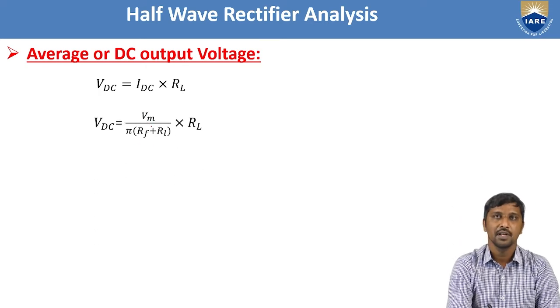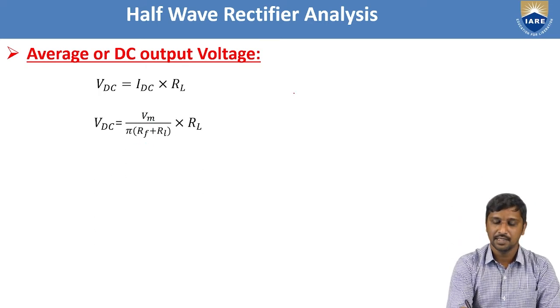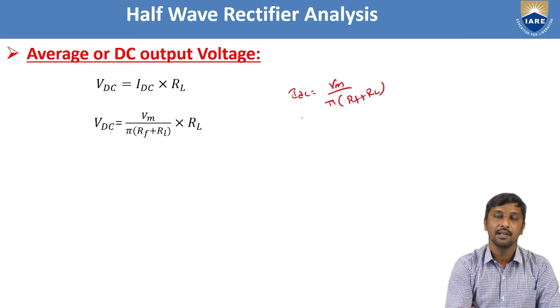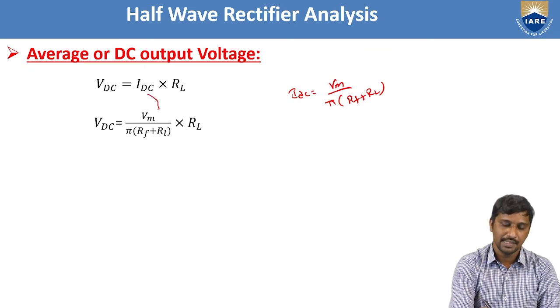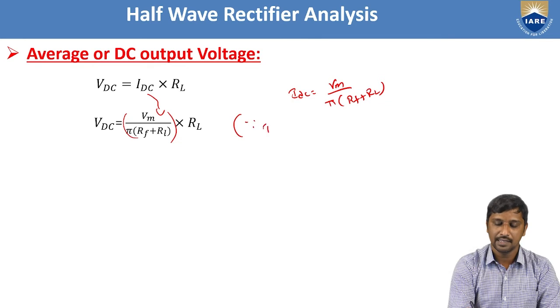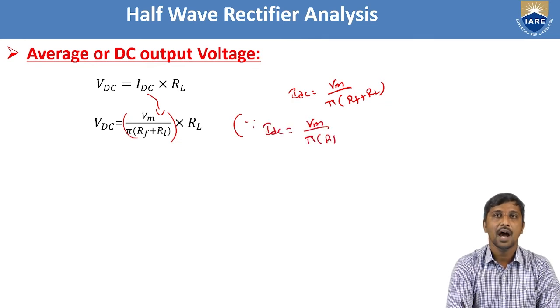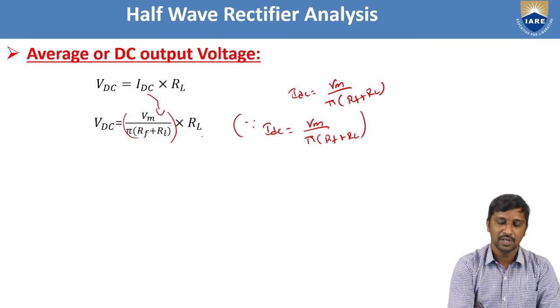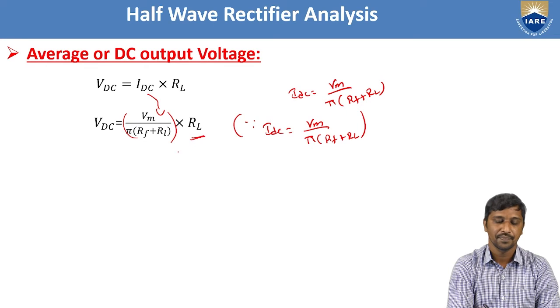Just now we observed IDC is equal to Vm by pi into RF plus RL. Then this IDC is replaced with this parameter, and multiplied by the load resistance RL.